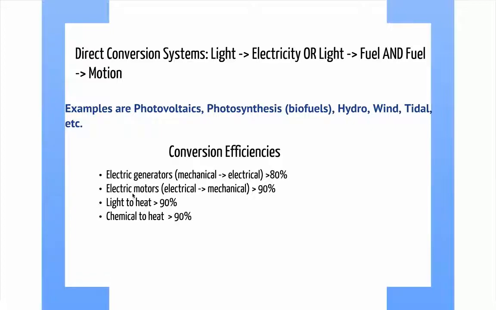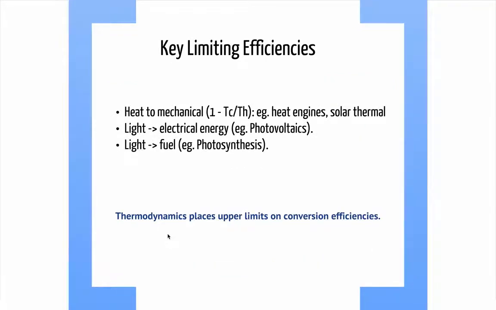You can have light to heat, which can have 90% efficiency, which is concentrated solar thermal systems. You can also have chemical to heat, which is of course burning fuel, which can also be 90% efficient. Of course, the problem with chemical to heat is that you usually end up with toxic side byproducts, which can pollute the environment. So we need to consider those things as well.